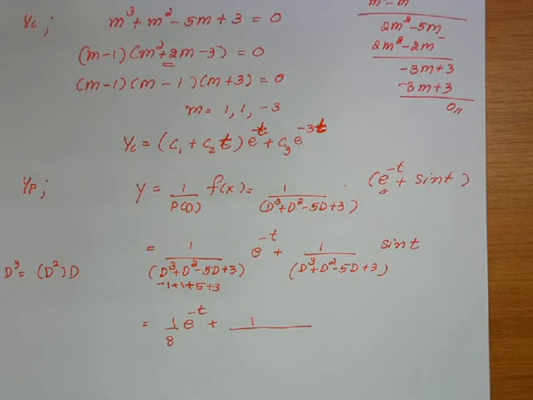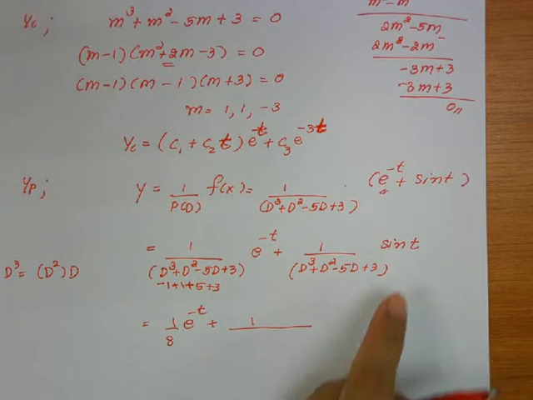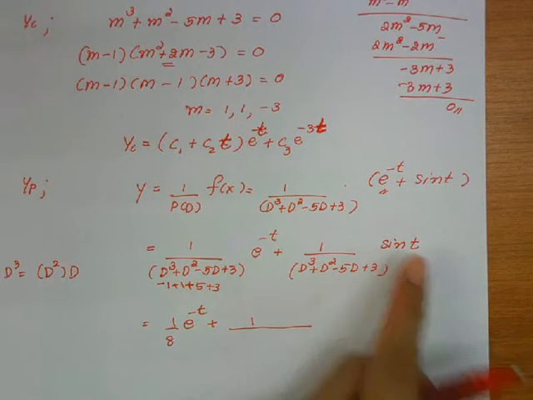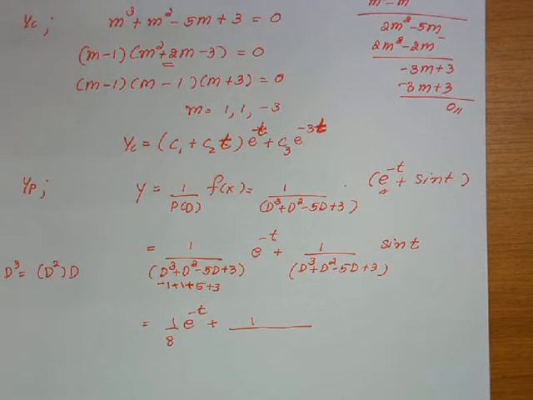Now, figure it out first. What is the value of our a? 1. A squared equal to 1 times minus 1. Yes, minus 1.